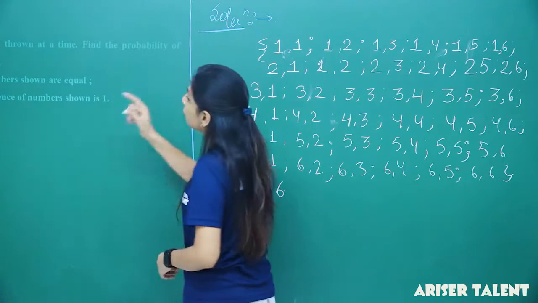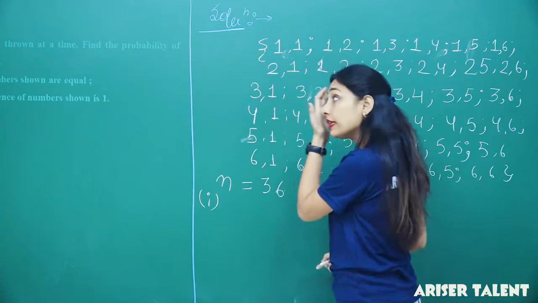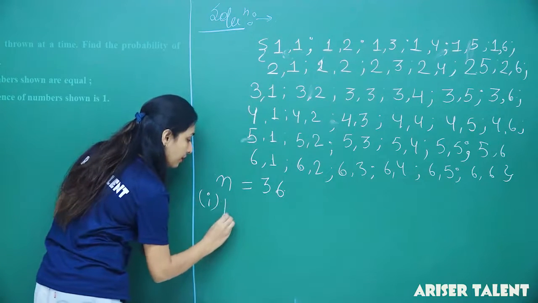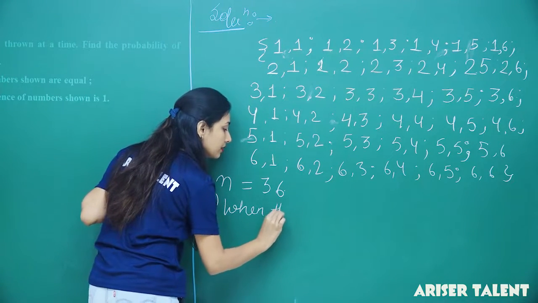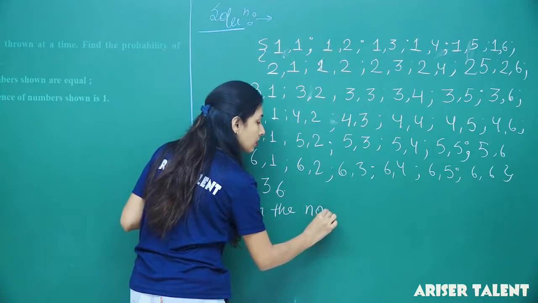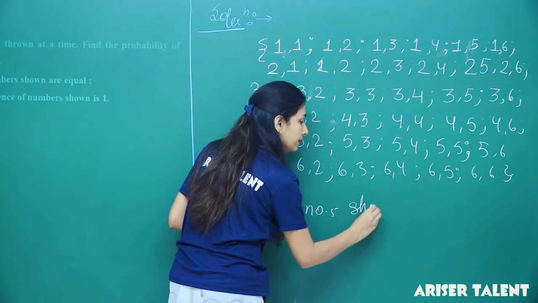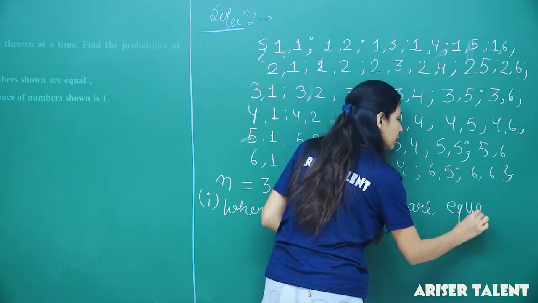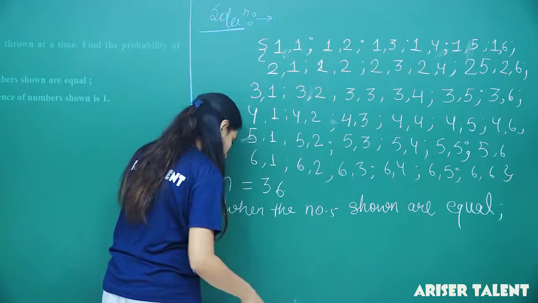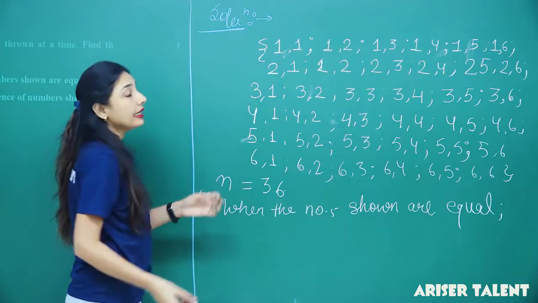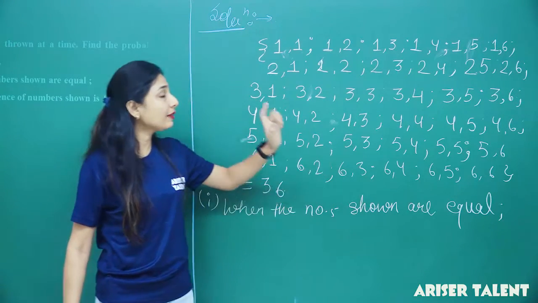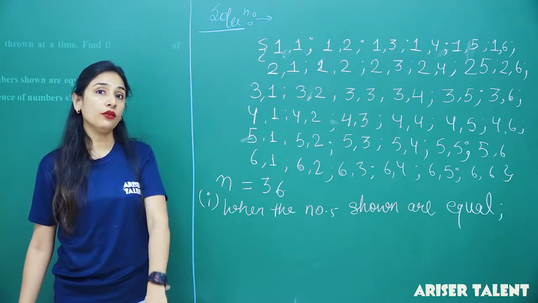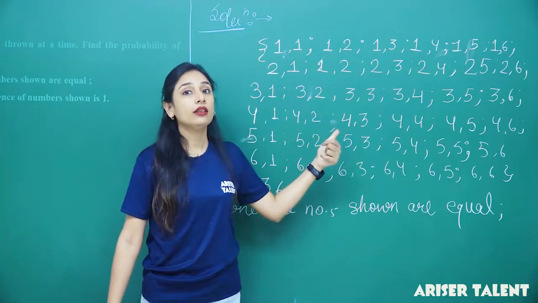Now, in the very first question, you are asked about these numbers shown being equal. Now students, look, that means if I am getting 1 in the first dice, then I have to get 1 in the second dice also.